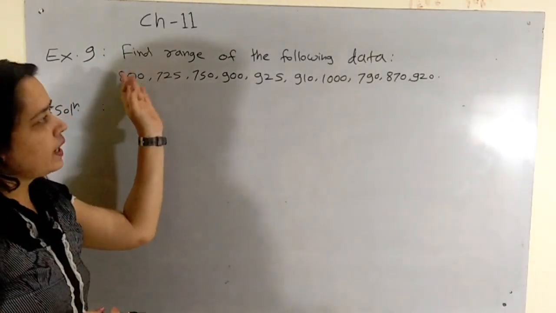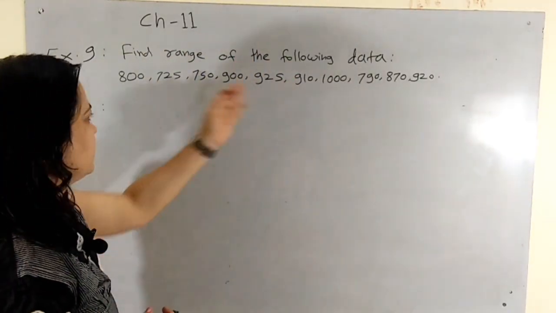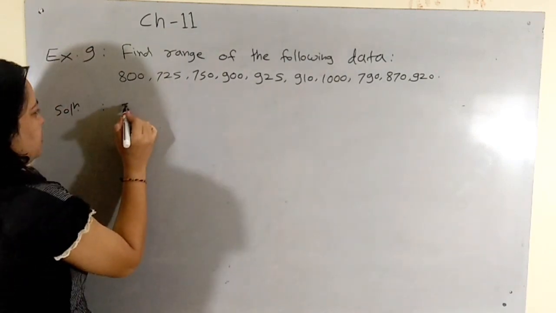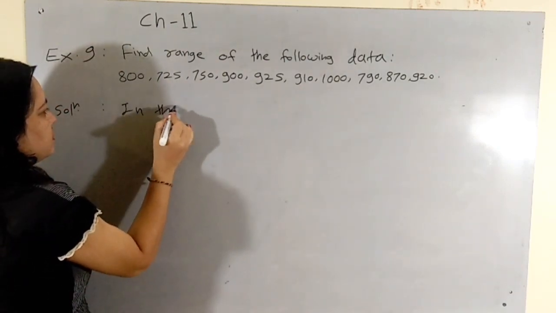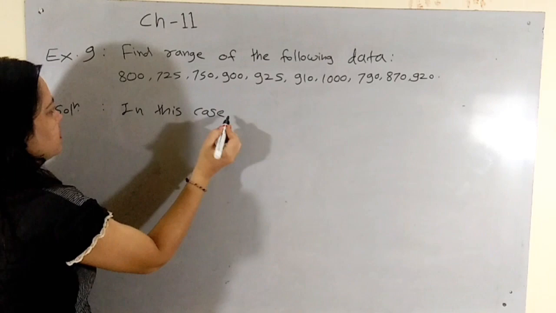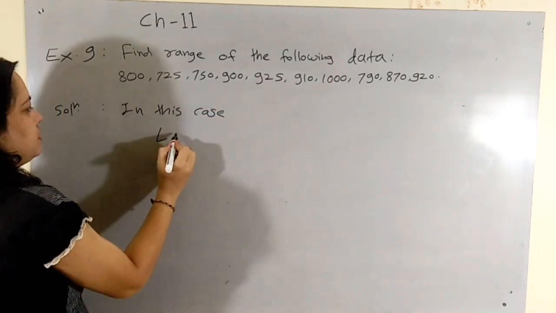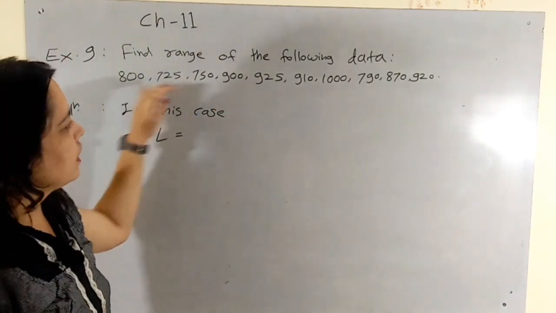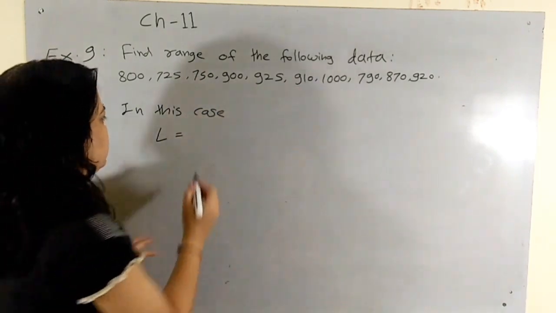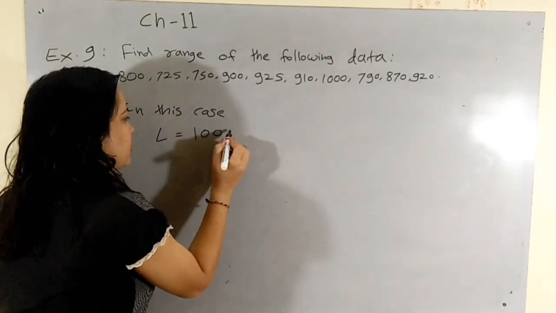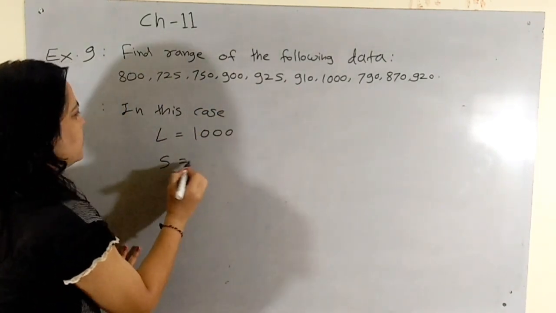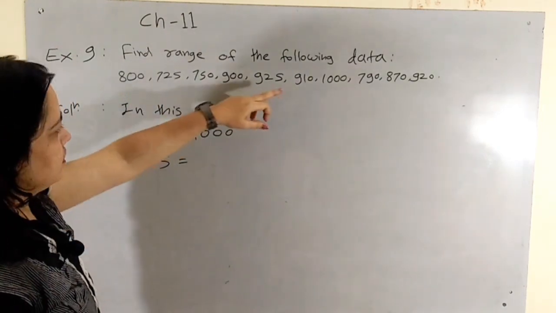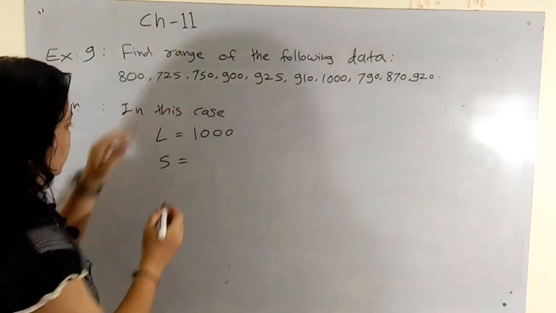Next example, find range of the following data. Data is given here. In this case L is equal to 1000 and S is equal to 725.